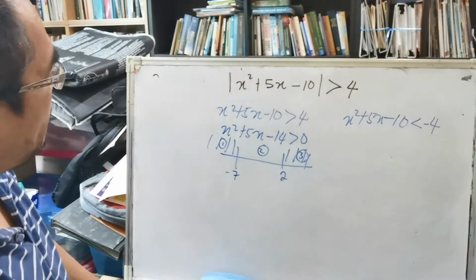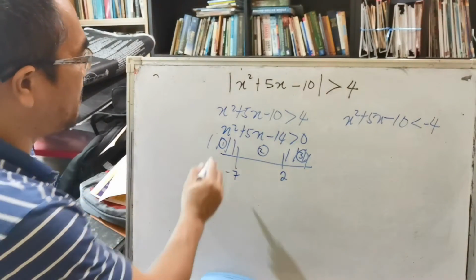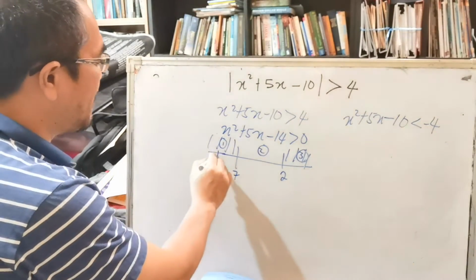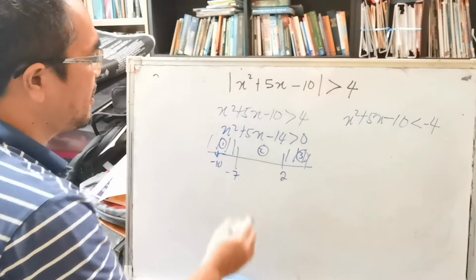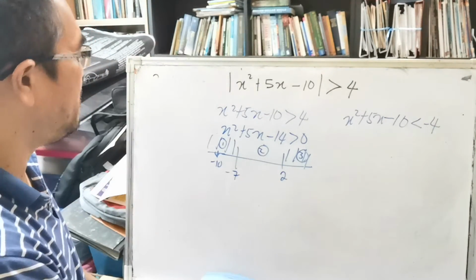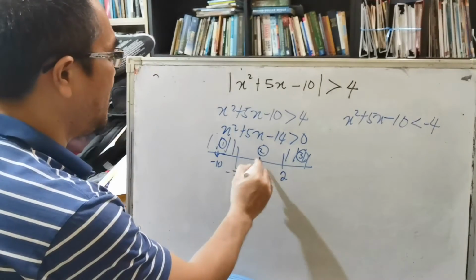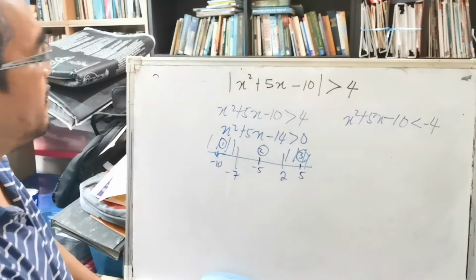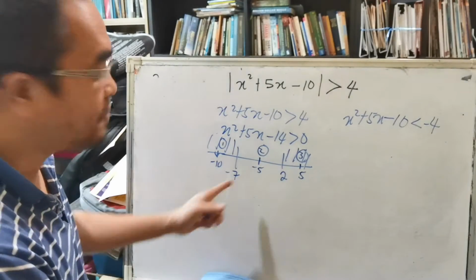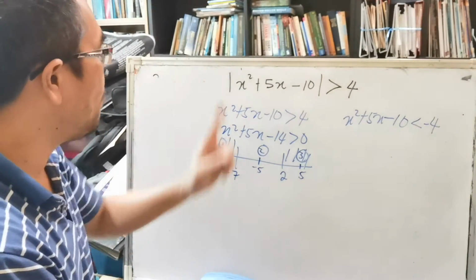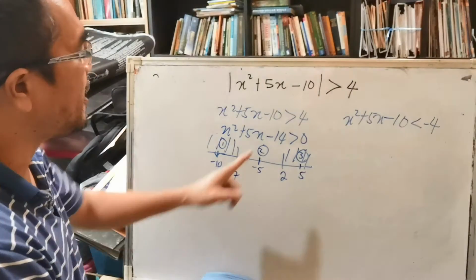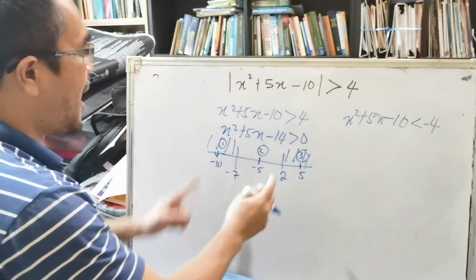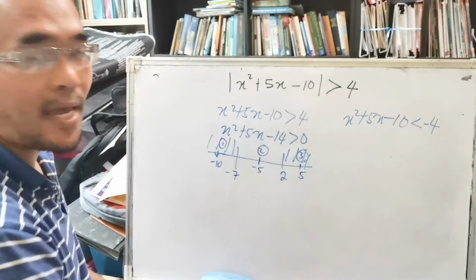Alright, so the value from this place should be, for example, negative 10, and from this place, let's say, negative 5, and this place will be 5, for example. For this purpose, I'm going to do only one, because the quadratic inequalities is always either outside or inside.